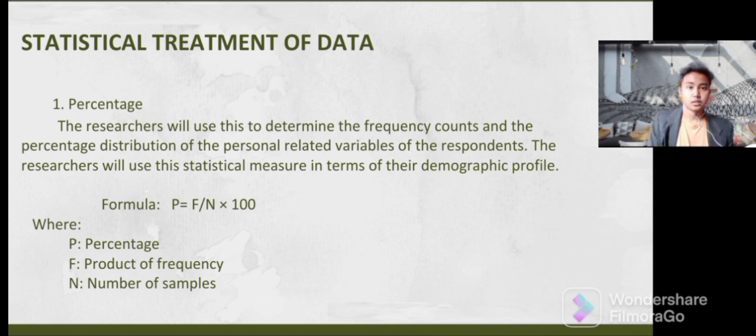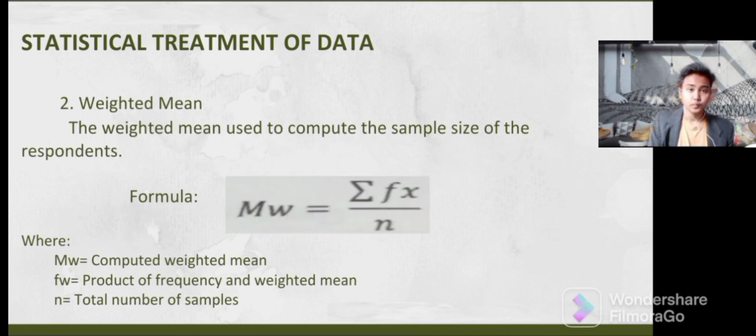The formula is: percentage is equal to frequency divided by number of samples, multiplied by 100. Number two, weighted mean. The weighted mean is used to compute the sample size of the respondents. The formula is: the computed weighted mean is equal to the product of frequency and weight divided by the total number of samples.